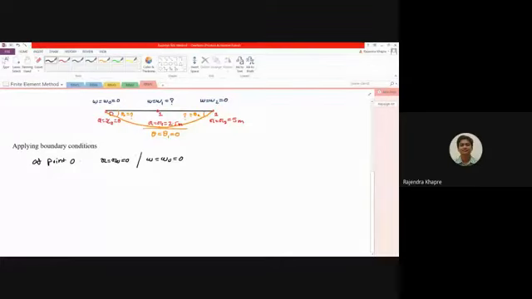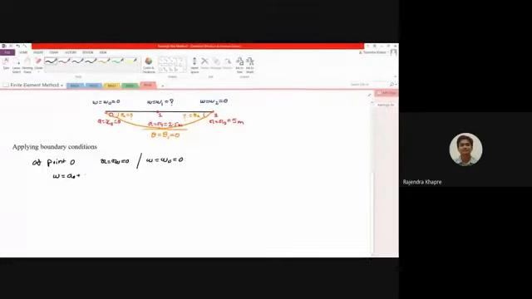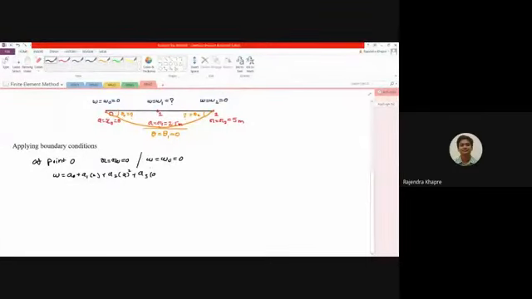And what we have assumed is the value of w as a0 plus a1 into x plus a2 into x square plus a3 into x to the power 3. So this is what we have assumed, isn't it? Now with this assumption, let us apply the boundary conditions over here.